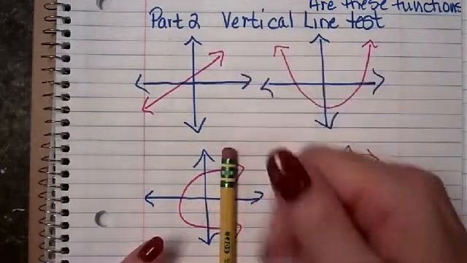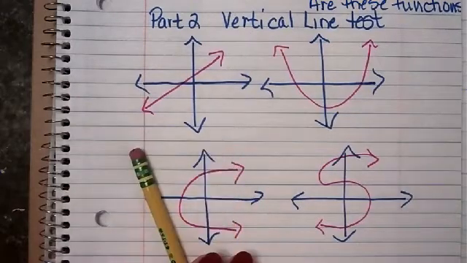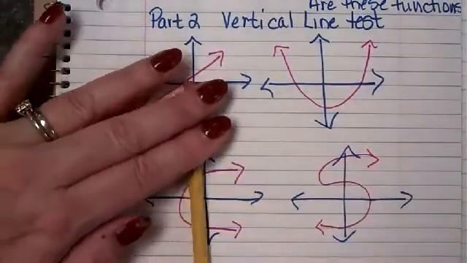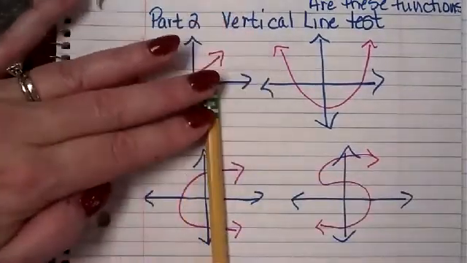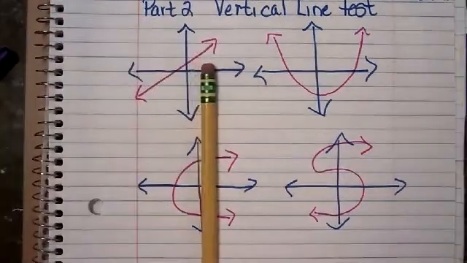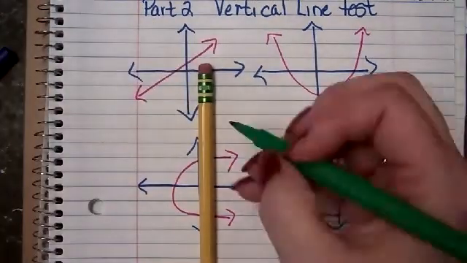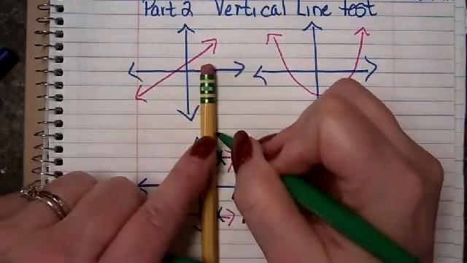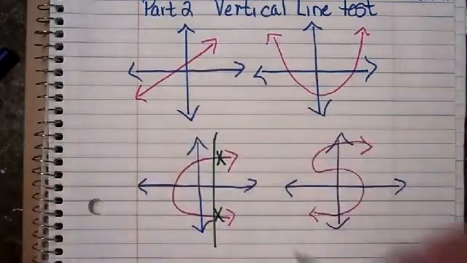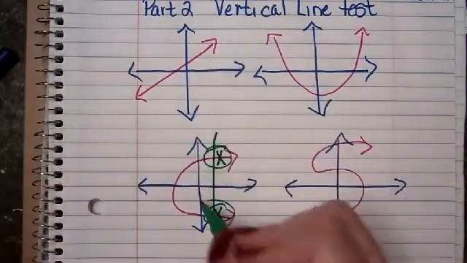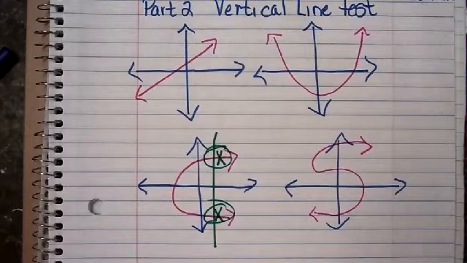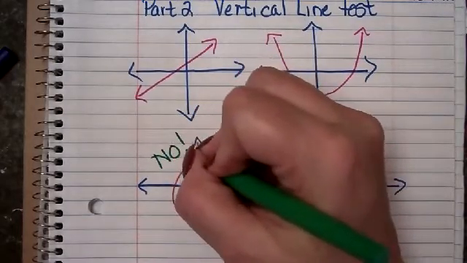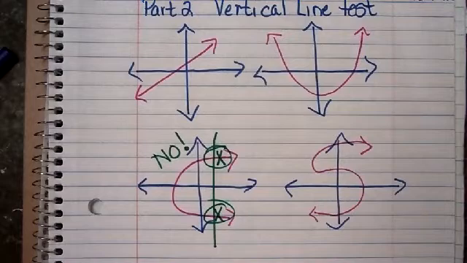You got to keep your pencil vertical, okay? Not slanted or sideways. Got to be vertical. But I'm going to roll this vertical line all the way around my paper. If I can find a spot somewhere, anywhere in that graph, say like right here and right here, that vertical line is going to cross that graph in 2 spots or more, that is no, not a function.